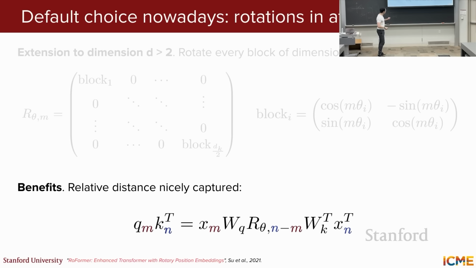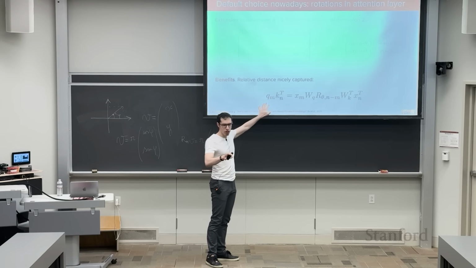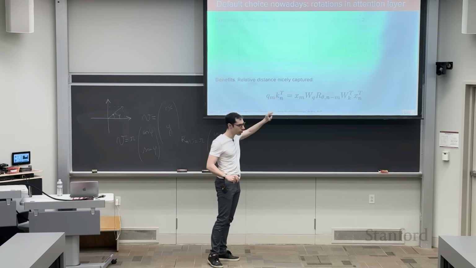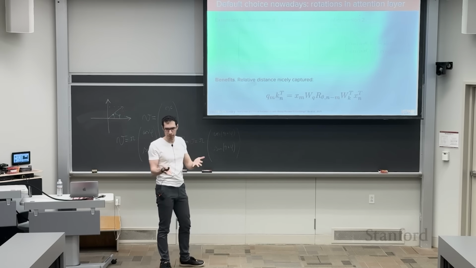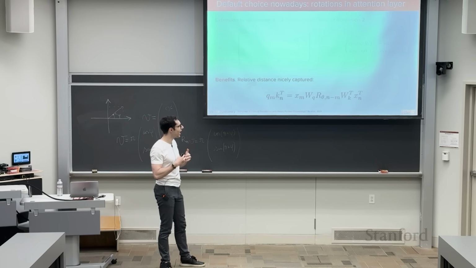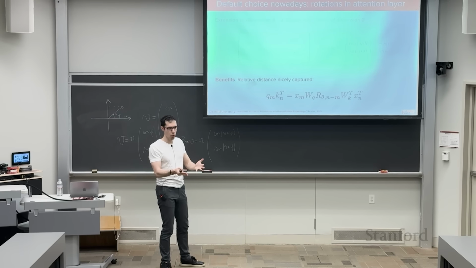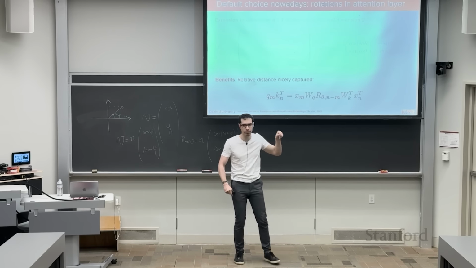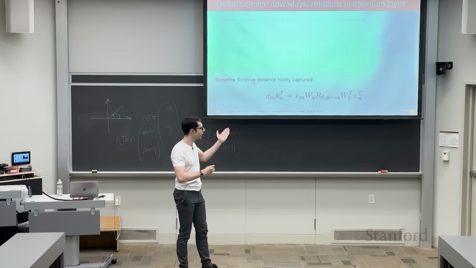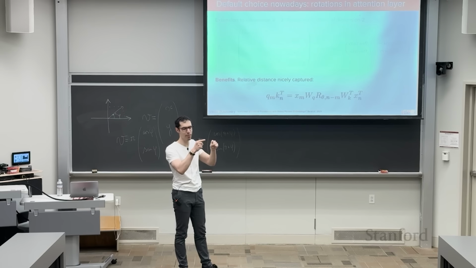In particular, if you remember your attention formula, you have query times key transpose. If you rotate the query by an angle m and the key by an angle n, you end up with a formula that has the rotation matrix of angle theta and n minus m. And this is great because this is a function of the relative distance between these two positions.